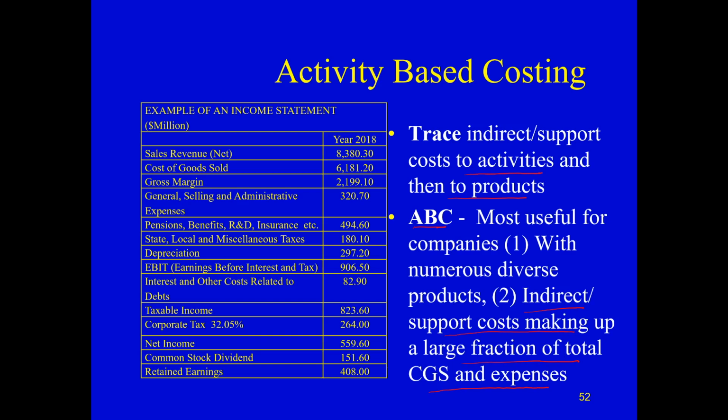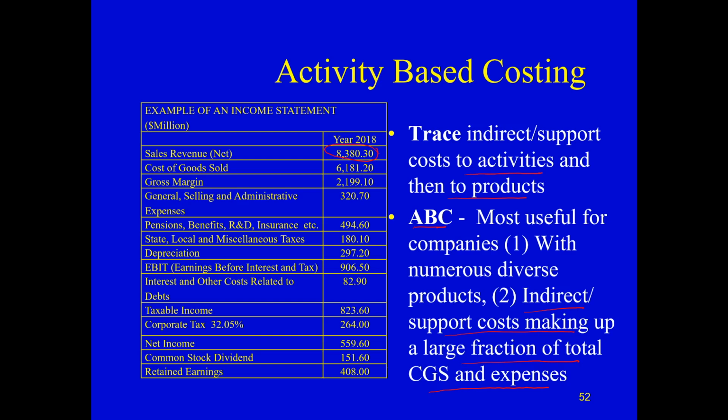As an example, look at the left side here, the income statement. We have sales or revenues, given in millions of dollars, let's say 8,380 million.